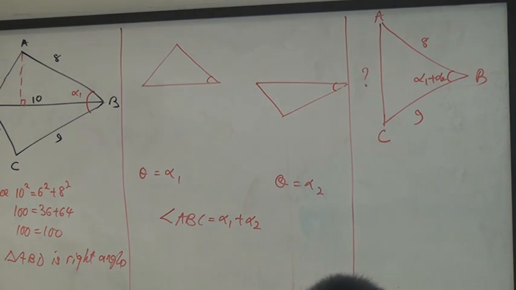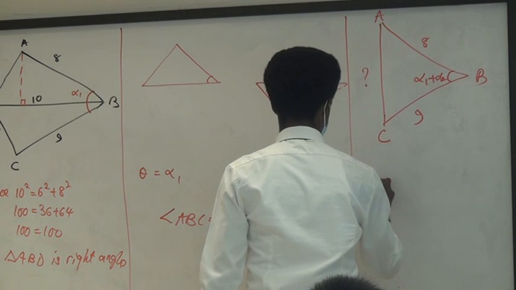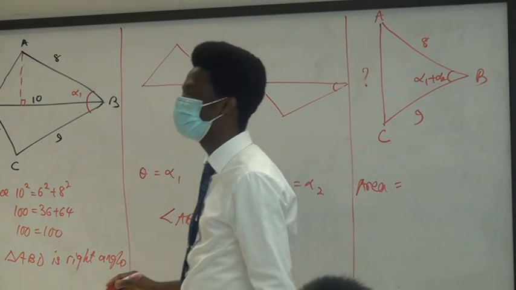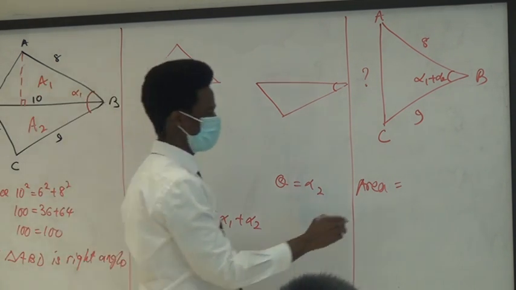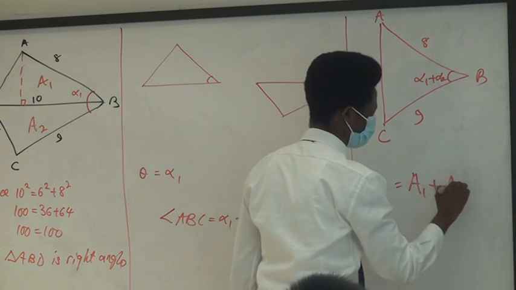And finally, the area of the quadrilateral. How did you find the area of this quadrilateral? Split the triangle and find the area of the triangle separately. Okay? So if this is triangle A1, and this is triangle A2, the area is actually A1 plus A2.